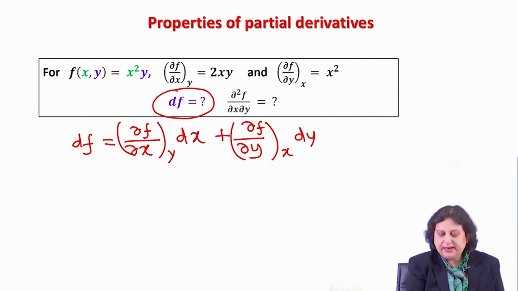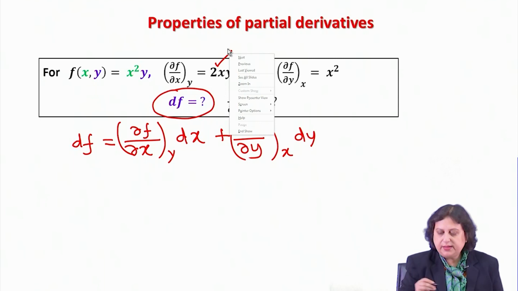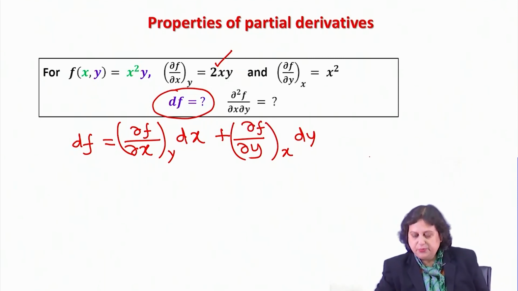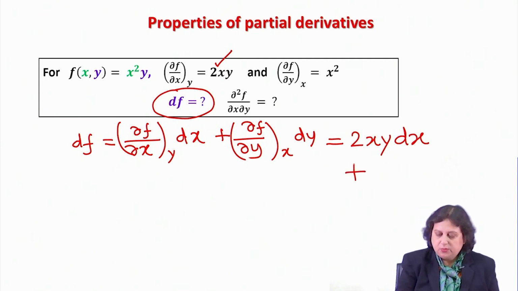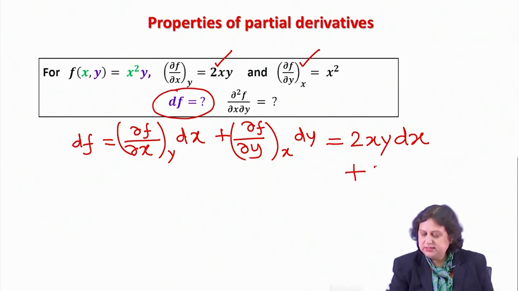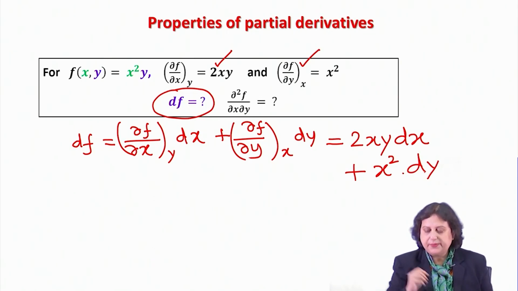Now what is del f del x? That is 2xy, and I can put it in. So the first term will now be written as 2xy into dx plus, what is del f del y at constant x? That is here. So this is going to be x square into dy.